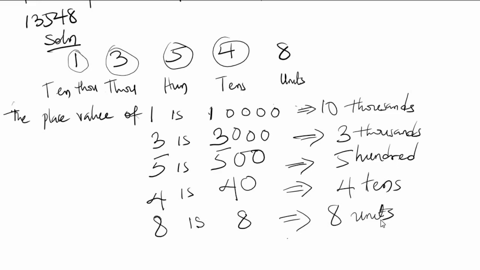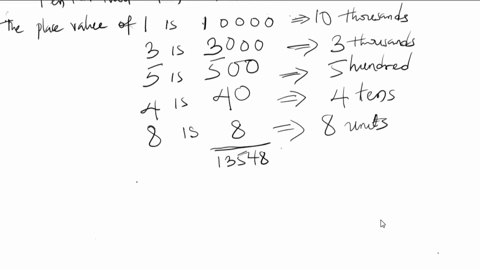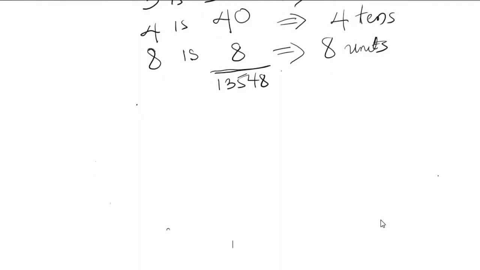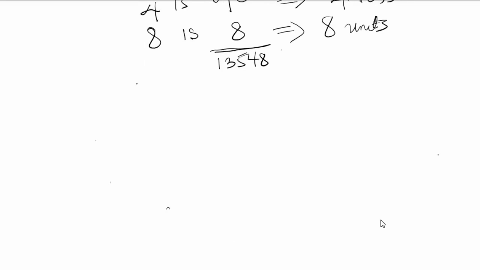And if we add the sum of all these figures together, it will give us 13,548, the same figure. So that is place value. That is how to get the place value of figures in a number.